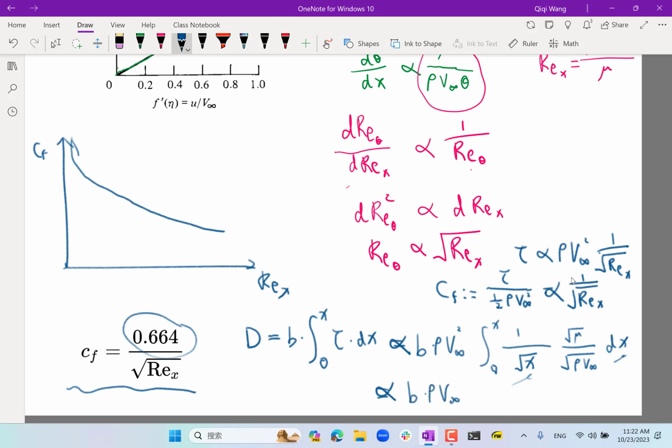What we have is the square root of mu, square root of rho v infinity, times the square root of x.